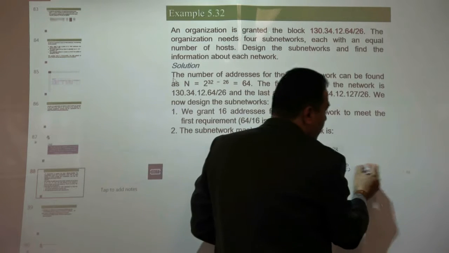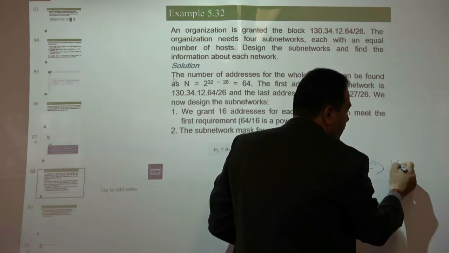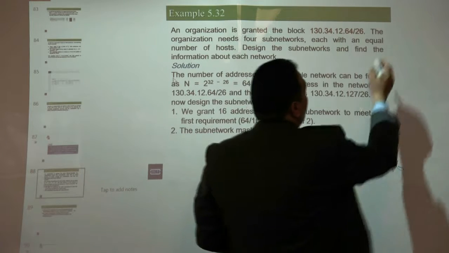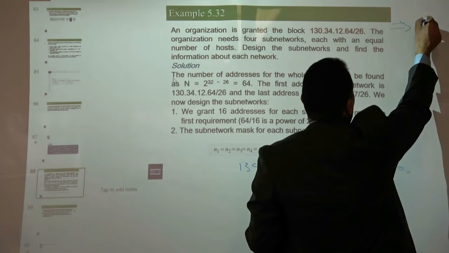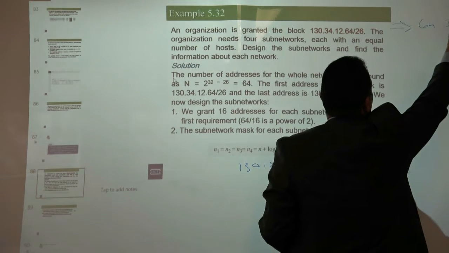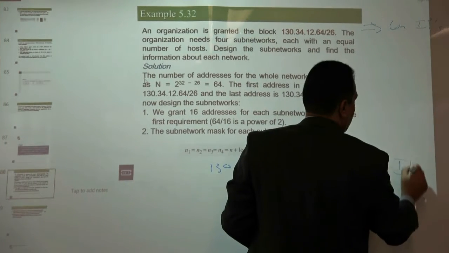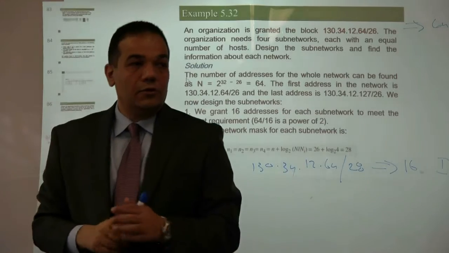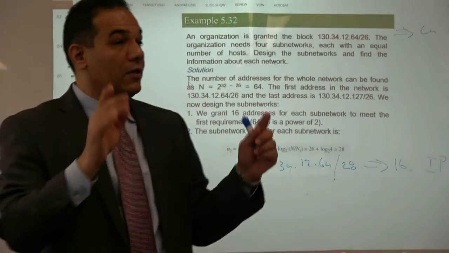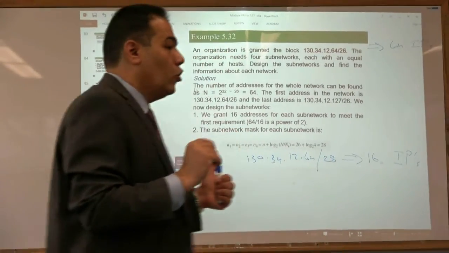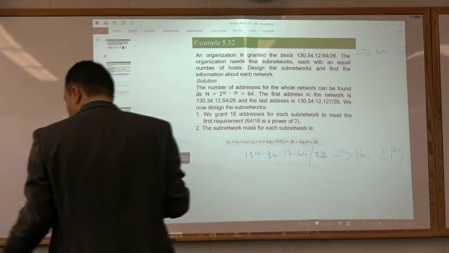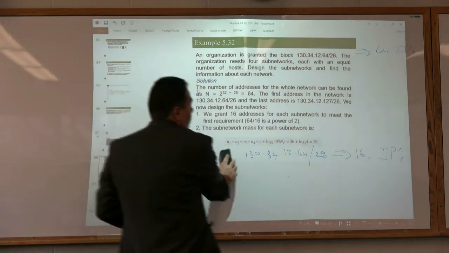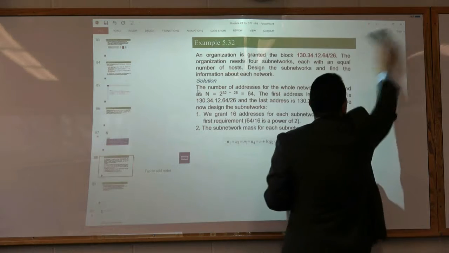This will give you how many IP addresses? 2 raised to 32 minus 28, right? And the whole block gives you 64 IPs, right? So we have one block, and we divided it into how many blocks? 4 blocks. Right?